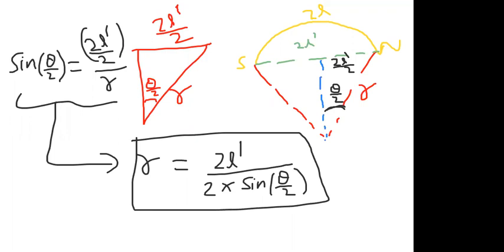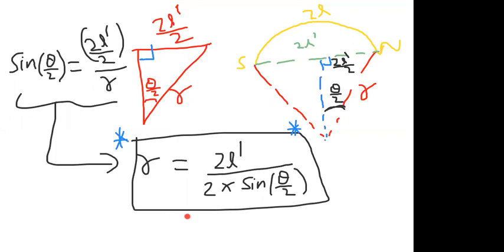Clearly you can observe that this is a right angle triangle, and in a right angle triangle, opposite by hypotenuse is the sine value. Sine theta by 2 is 2L dash by 2 by R. From here I got the R value.